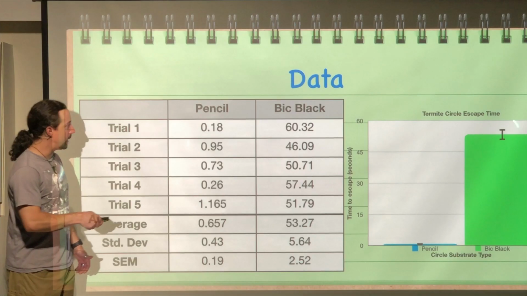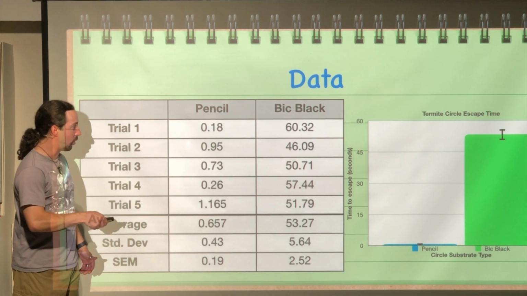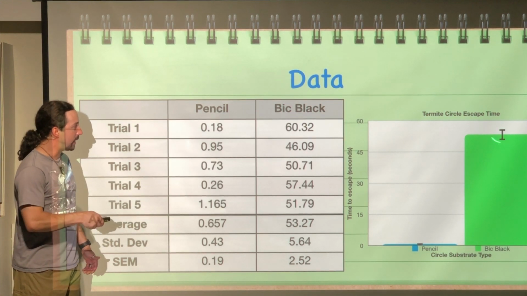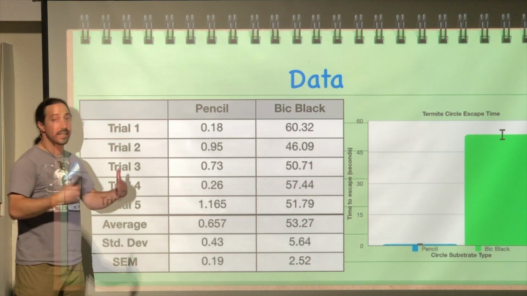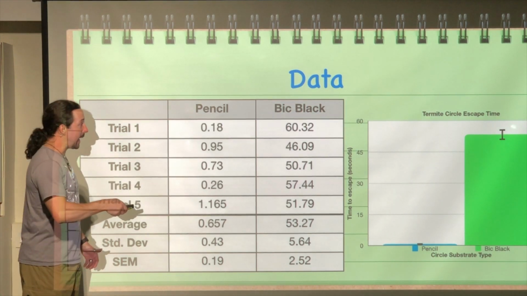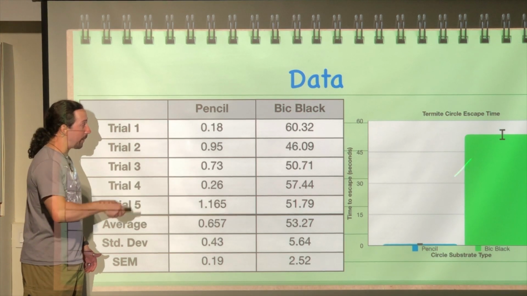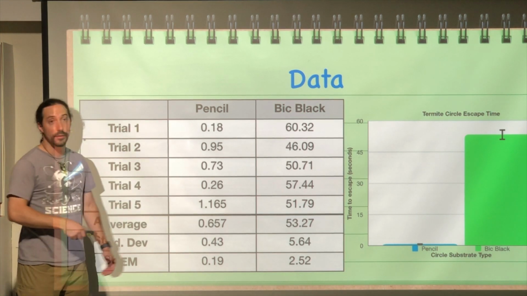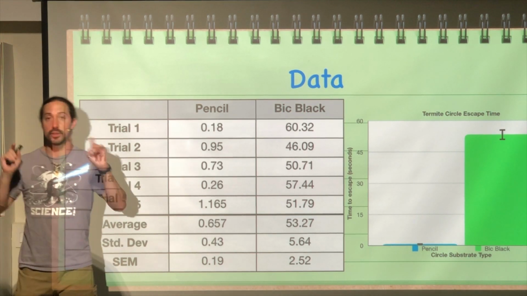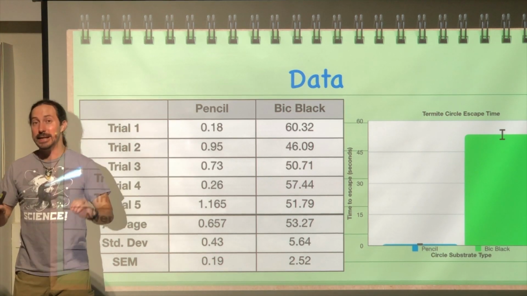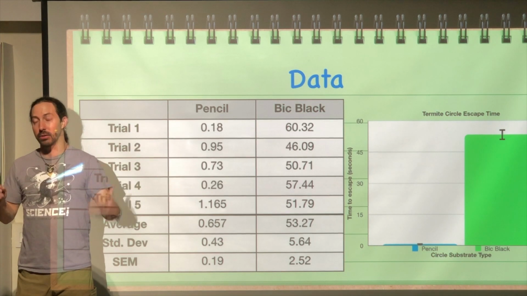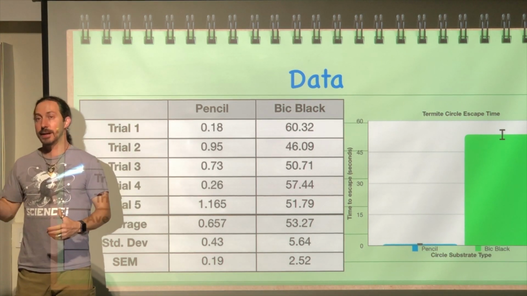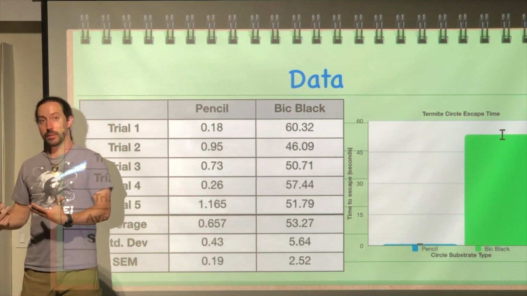It stayed, on average, much longer, and there are the error bars for that sample. What you can see here is, since the error bars don't overlap, we can say that the termites spent a significantly different amount of time within the Bic circle than it spent in the pencil circle.